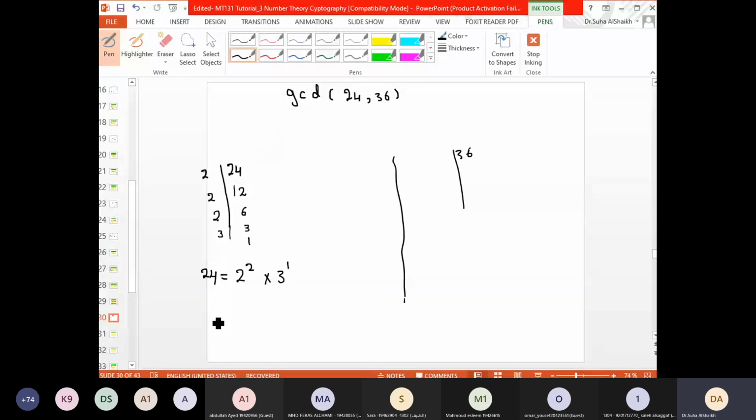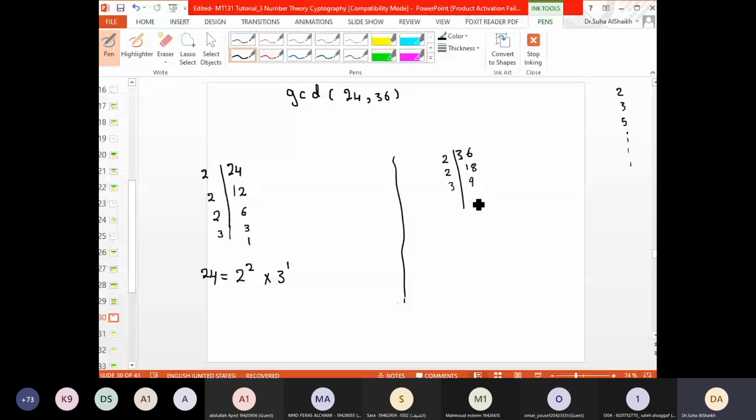Factorize the 36. I will always have the prime numbers here to take from them. So the 36 by 2, the result is 18. By 2, the result is 9. By 3, the result is 3.